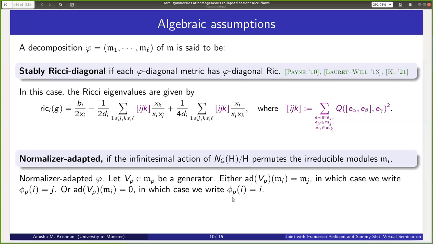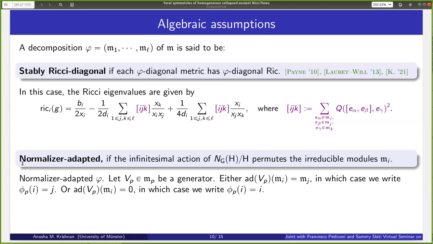Just to emphasize, normalizer adapted says the infinitesimal action of the gauge group permutes the irreducible modules, and which permutation it is depends on which index p we chose inside the trivial module. Vp denotes that map on indices.